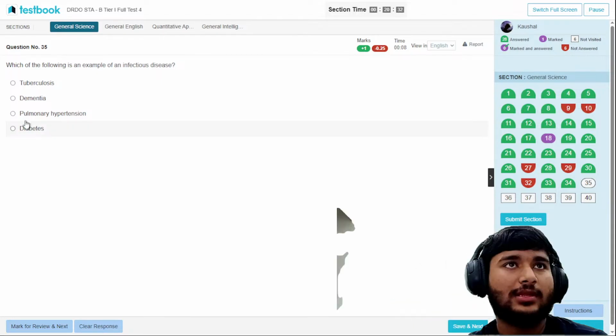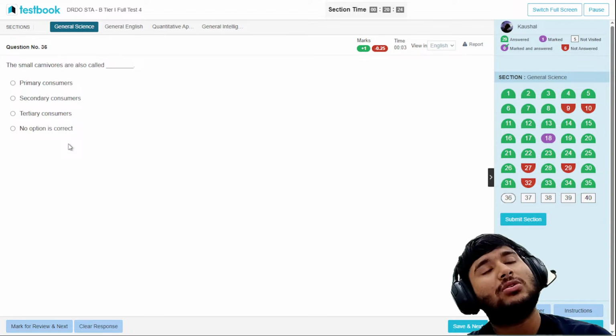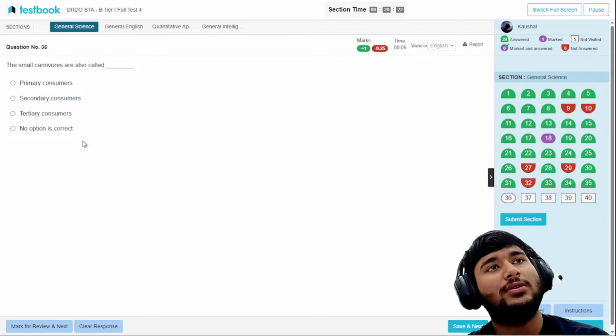Infectious. Dementia, pulmonary hypertension. The small carnivores are also called primary consumers, secondary consumers, tertiary consumers.